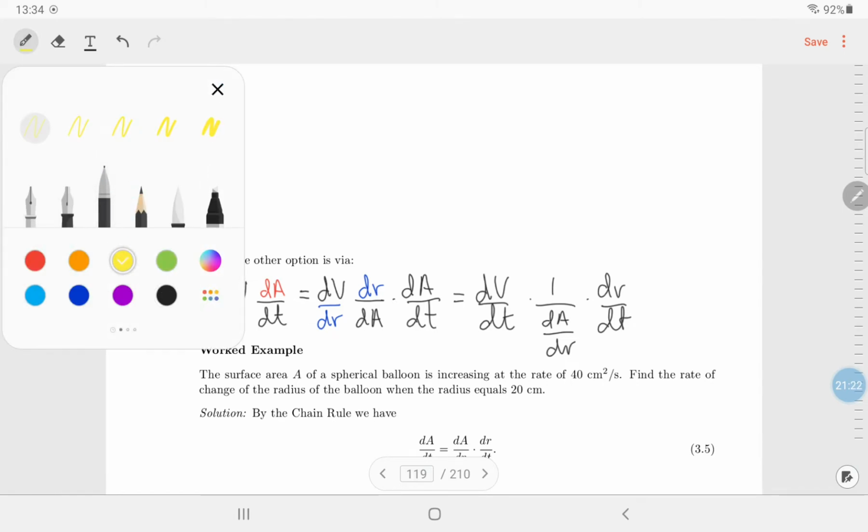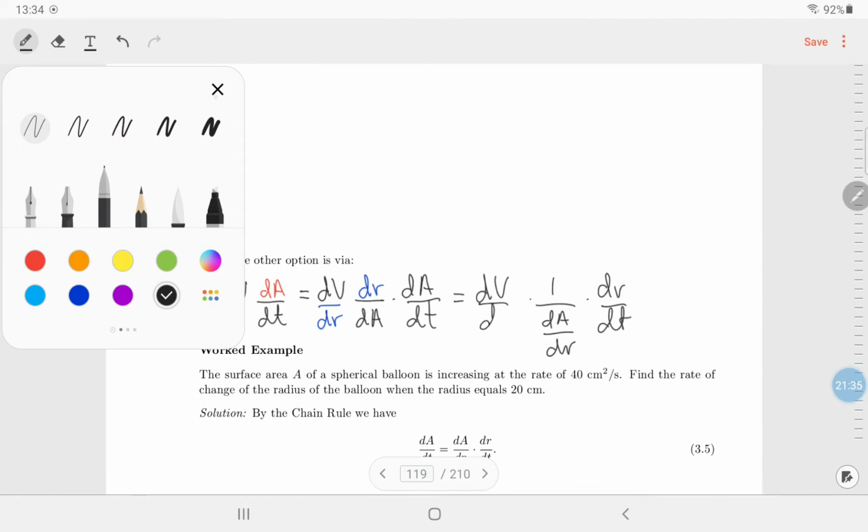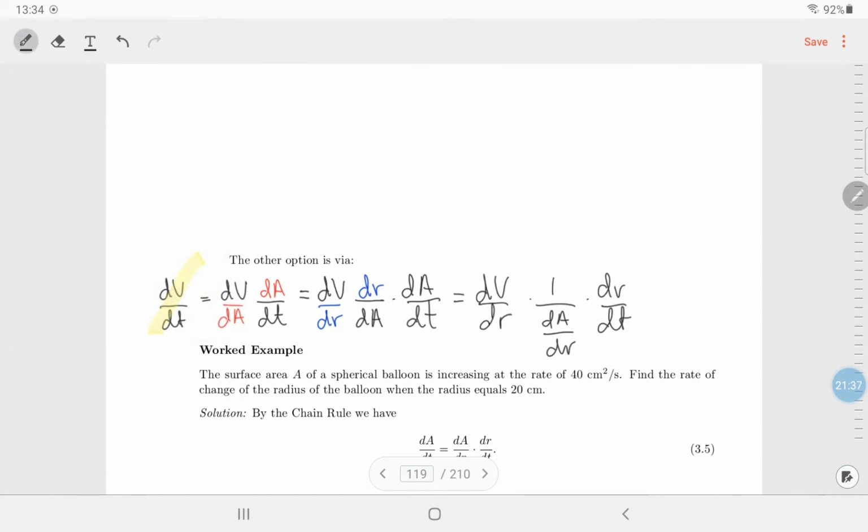Oh, sorry, I made a mess of that. Sorry, my bad. That should be dV/dr. dV/dr, excuse me, you just differentiate. dA/dr we can calculate, and hopefully dr/dt is in the question.